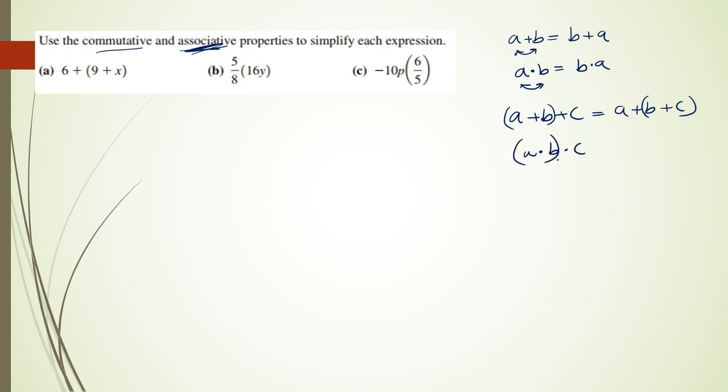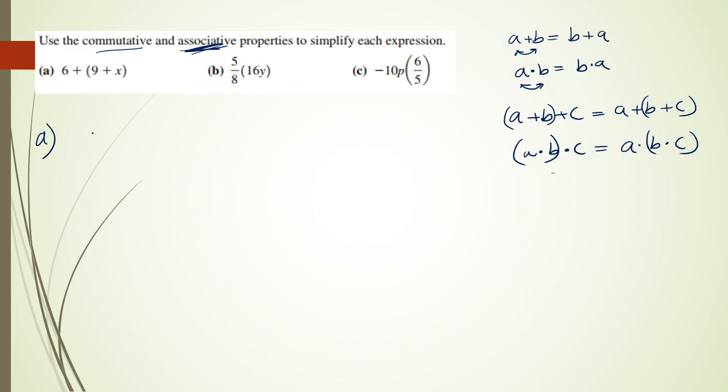If I multiply A times B with C, that's the same thing as if I multiply B times C first, then multiply with A. So the associative property works for both addition and multiplication. The commutative property works for both addition and multiplication also. Be careful with subtraction. It doesn't work with subtraction.